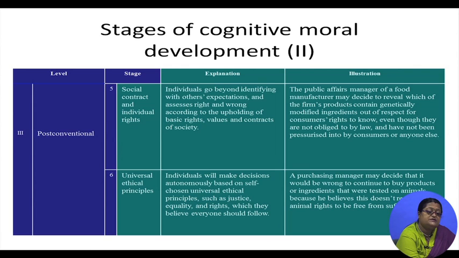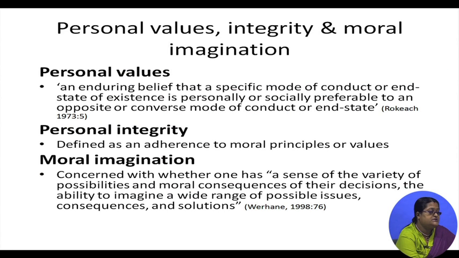So, I proactively start practicing certain things which I believe to be universal truth. I may decide I am not going to buy anything tested on animals, because I truly believe I cannot cause harm to animals, and because it is the animal's right to live a life free from suffering. These types of thoughts are at the universal ethical principles level.